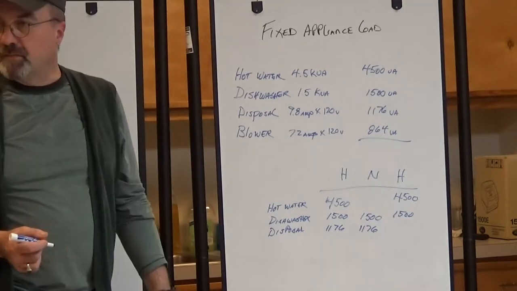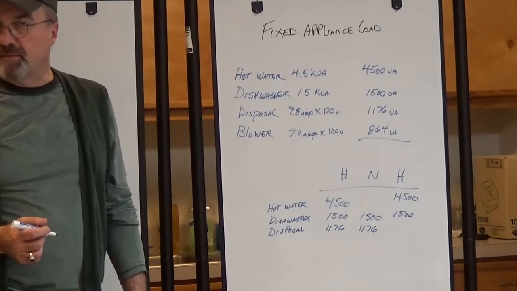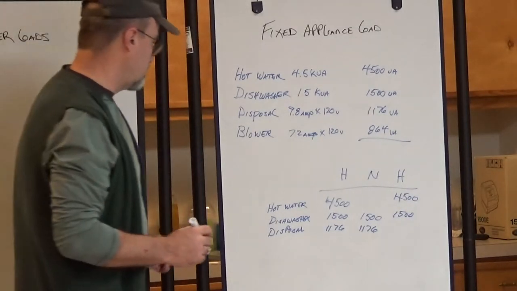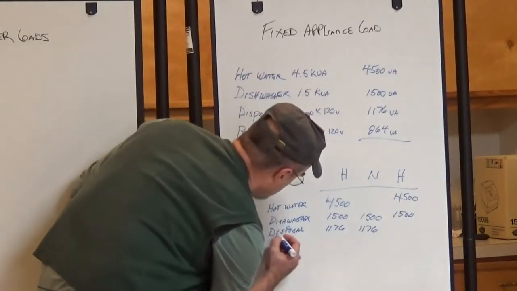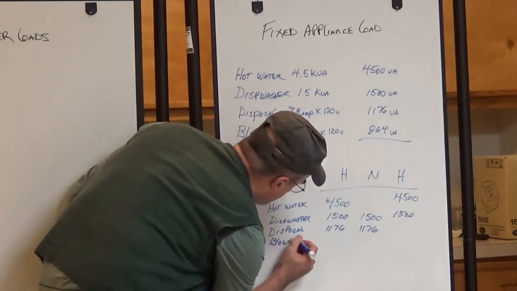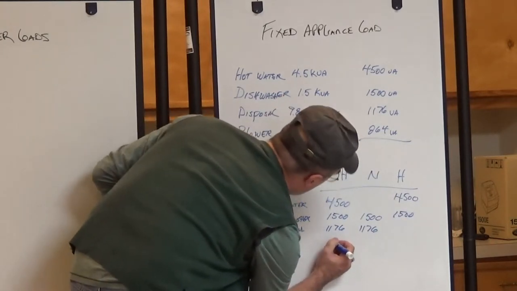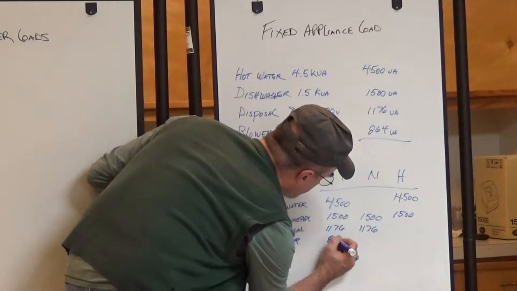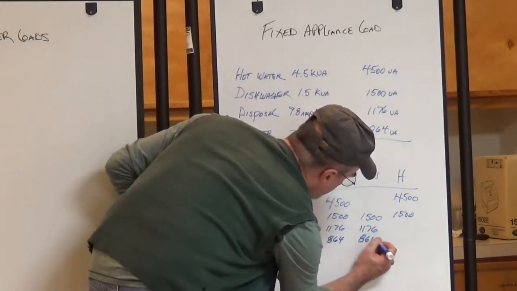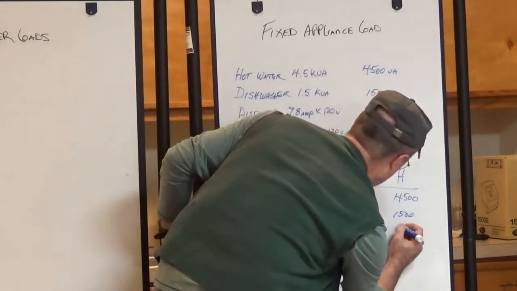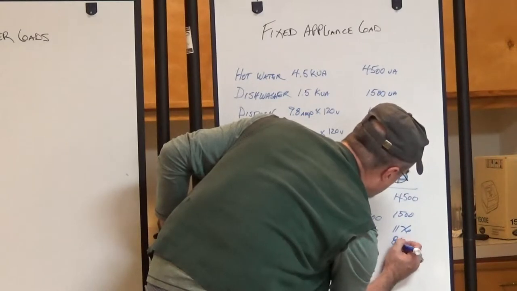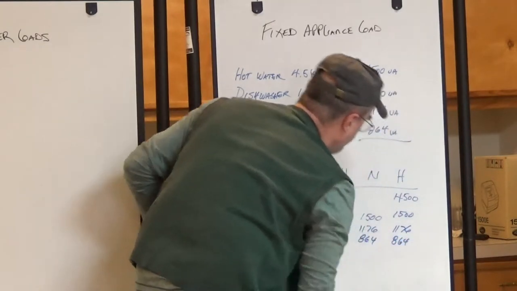And then finally the blower motor in this house is going to be what voltage? 120. 120. So we take the blower, 864 on the neutral and on the hots. Okay?